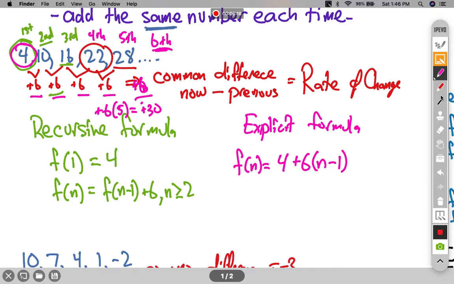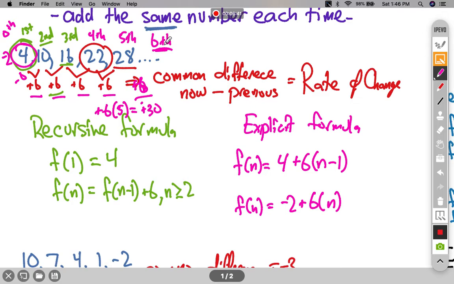Now, it's a little easier if I actually did have a 0 term. If I said the 0th, I could take this 4 and minus 6 to get a negative 2. I could start with negative 2 and add 6 just n times.